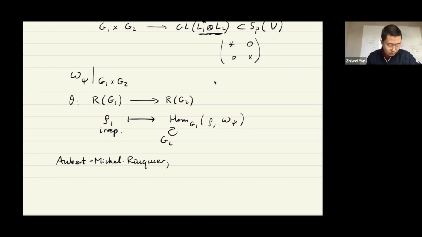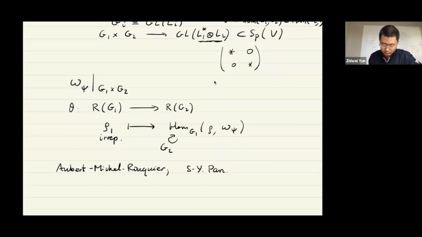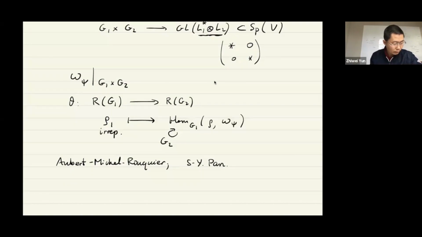And that conjecture has recently been proved by Shu-Yan Pan. So after their work, we do have an explicit description of the theta correspondence on the level of the representations. Okay, but what I'm interested in is I want to look at the theta correspondence from a slightly different angle.